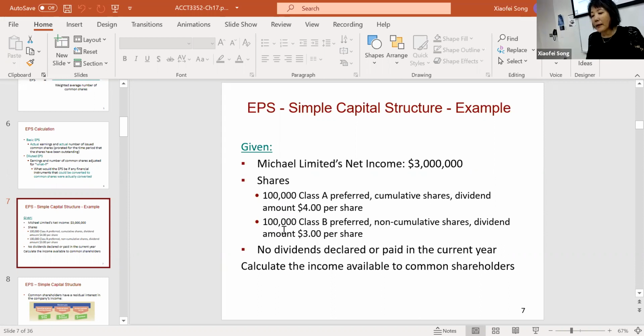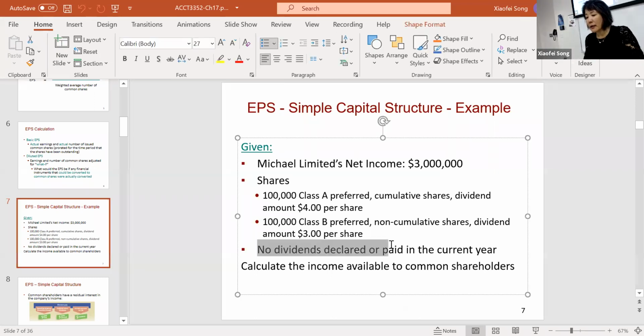Okay, and then they have class B, which is non-cumulative shares, and the dividend is $3 per share, and also 100,000 outstanding. So let's first assume there's no dividend declared or paid in the current year. Then we will change this condition just to see the significance of that.